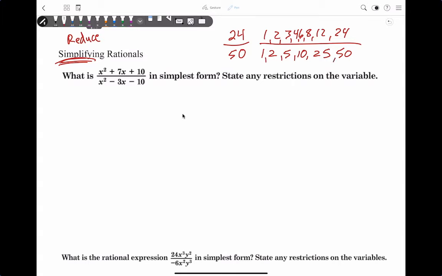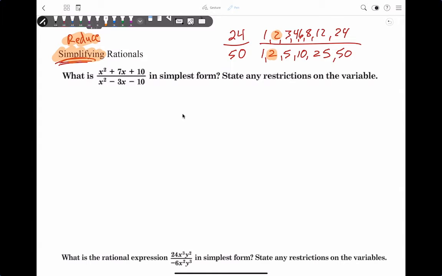So when we are simplifying or reducing, our goal is to cancel out the biggest factors that they have in common, okay? You can approach it by trying to think which one would be the biggest factor, or you could just break it down bit by bit. The biggest factor that I see right now between the top and bottom is this 2, okay?